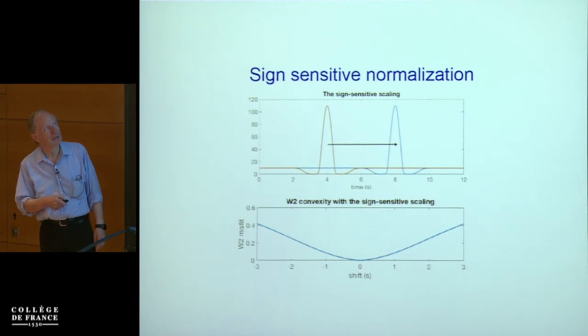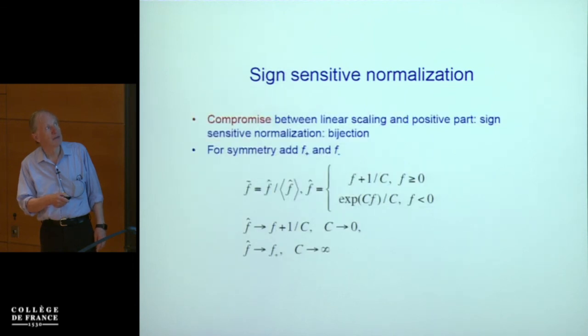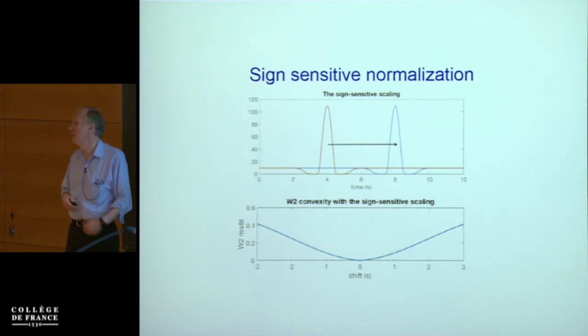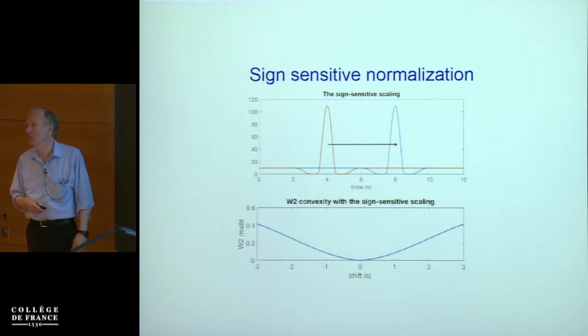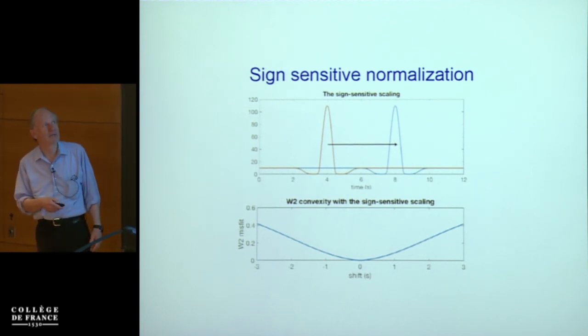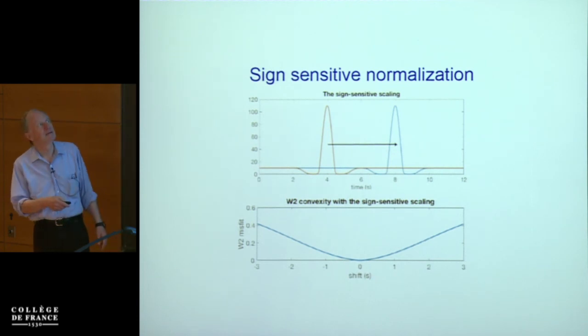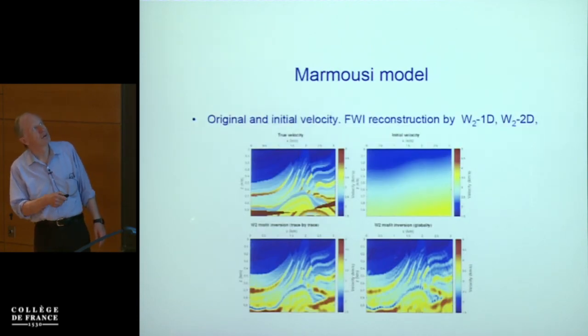You bias that by using linear on one side and exponential on the other side to taper the negative side up. This is a sign sensitive one, and when you add up the two, it is almost convex, but not completely. This is one we used quite a lot in the end, among many where there was a compromise between these settings. Very engineering style of doing this.